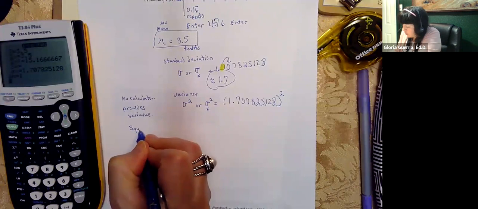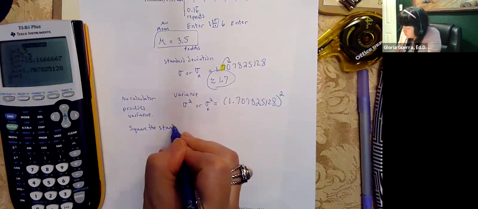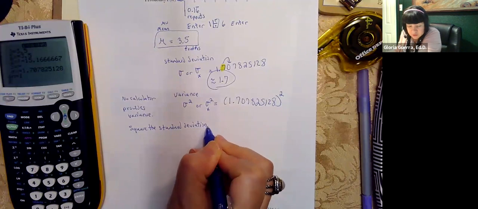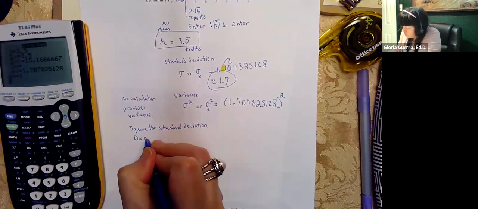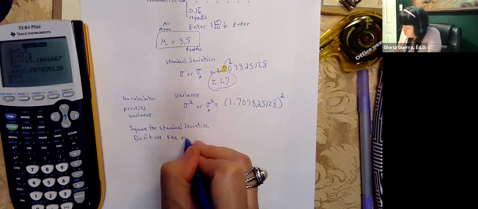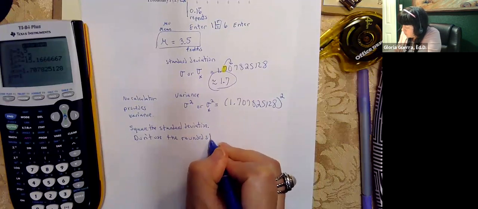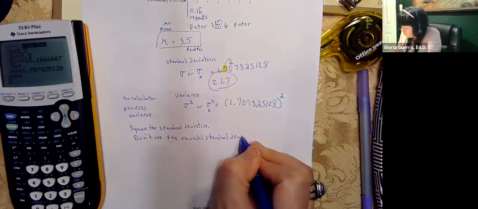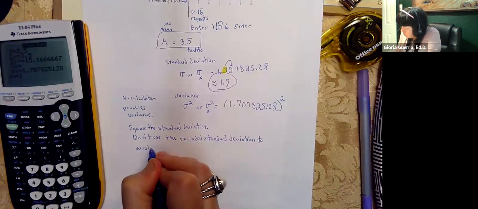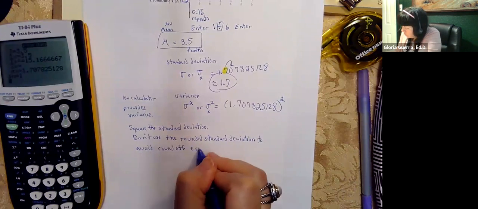What you've got to do is square the standard deviation, and don't use the rounded standard deviation. This is to avoid round off error.